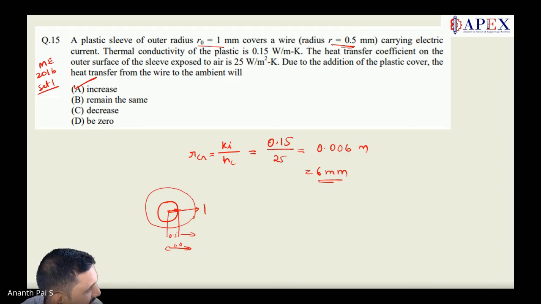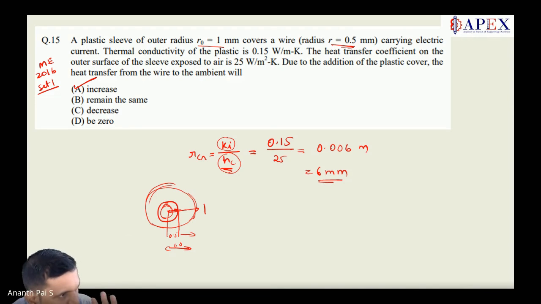Hc is increasing, area is more, log mean area is less. That is the basis. When Hc is greater, Ki is less, and the log mean area is lesser compared to this. That is one of the ways to get it, but I will go deeper in the next class.